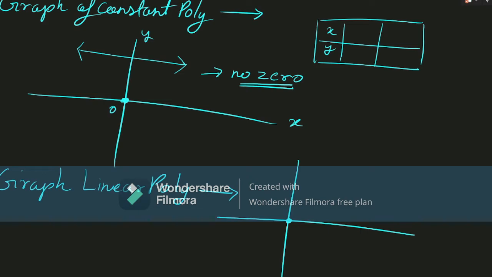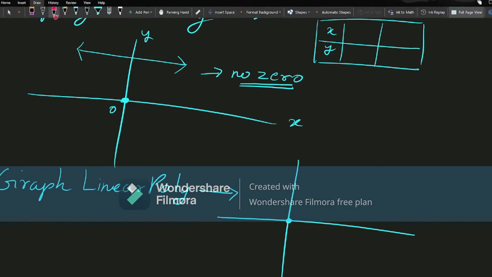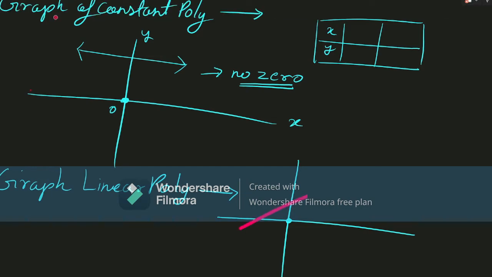Now, in a graph of linear polynomial, if you put any value for any imaginary polynomial, you will get one line. Let me draw it with the red pen so you'll understand better. Suppose this is the line. You solve the polynomial, and you got the points like this. They're forming such kind of line.